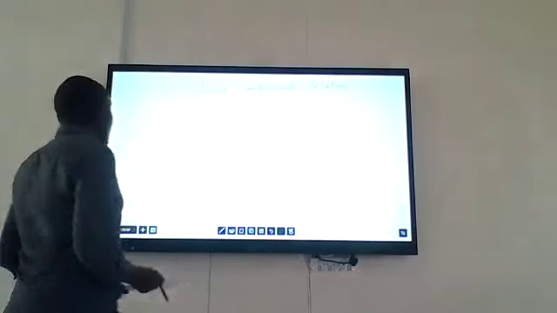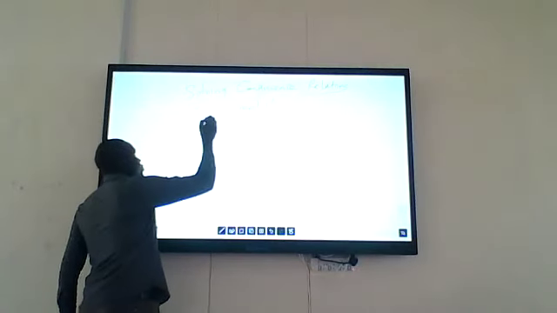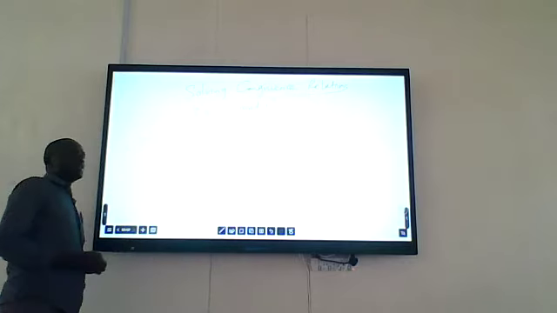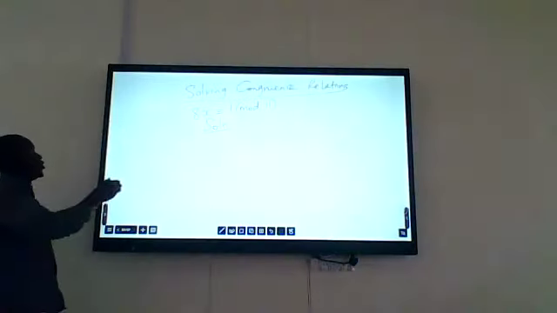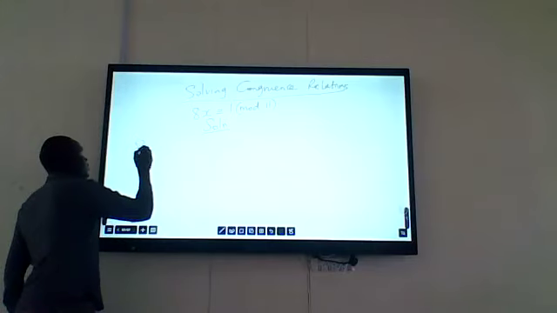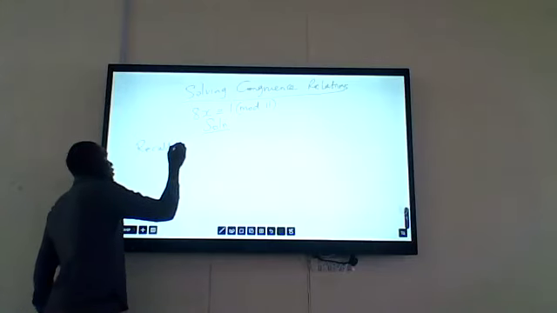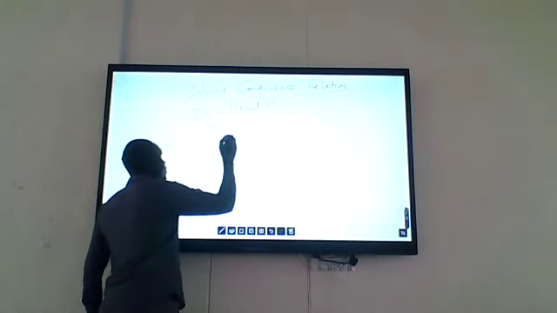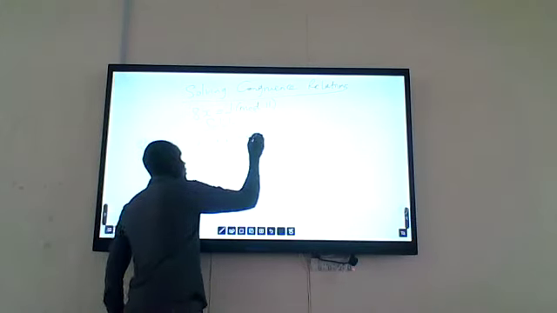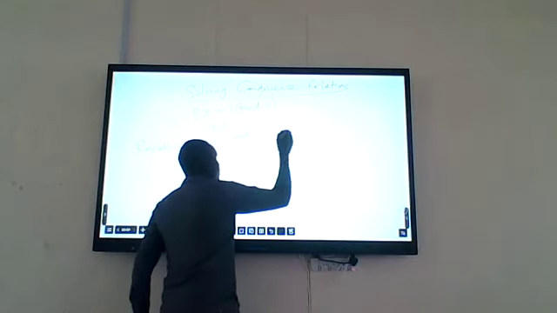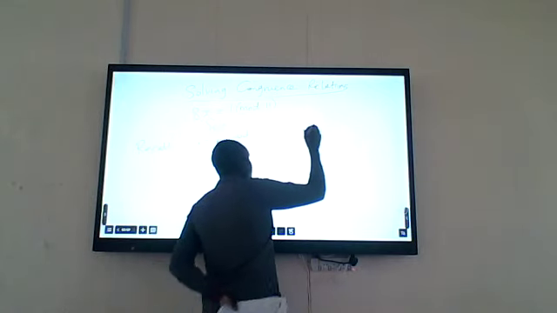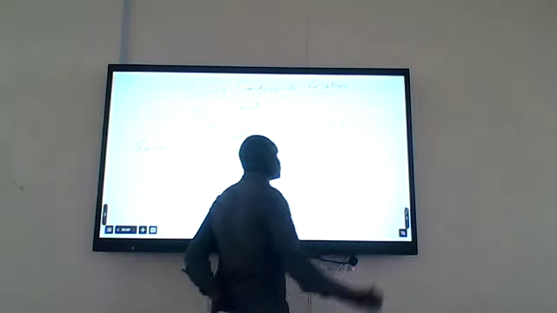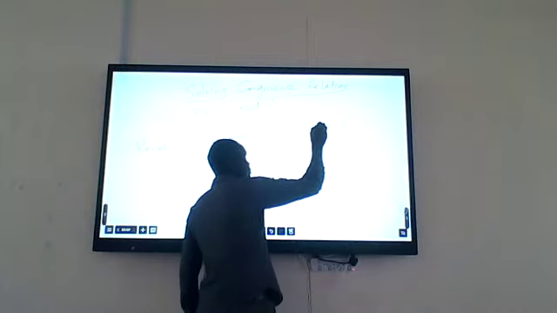So the solution to this problem is very easy if you remember the definition of a congruent. So recall that A is congruent to B mod M means M divides A minus B. That's by definition.